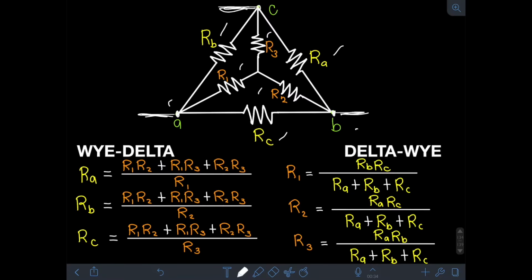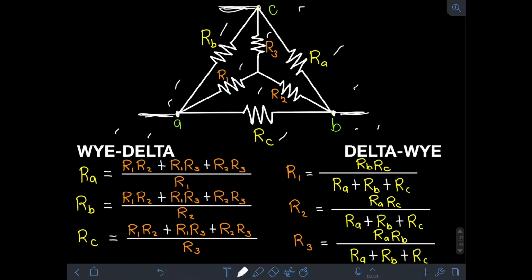Okay? So in converting a delta to Y or Y to delta network of resistors, it is important for us to take note of the nodes where they are connected. As in this figure, they are connected in nodes A, B, and C, right? Okay, so given here is the formula to convert a Y to delta and delta to Y network of resistors.